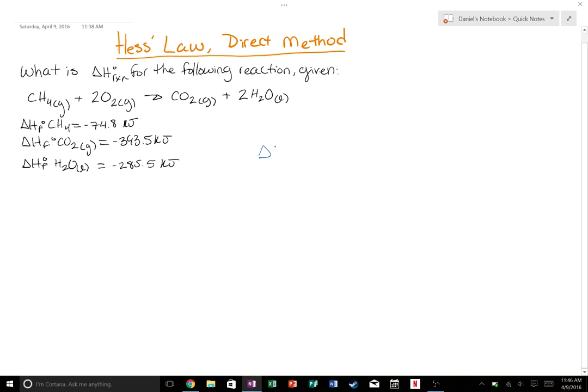So delta H of reaction, like anything, is final minus initial, all right? So what you can think about here is if we're making pancakes, we start off with pancake batter and water, right? So our pancake batter, which comes in this little box here, let me just draw a box.